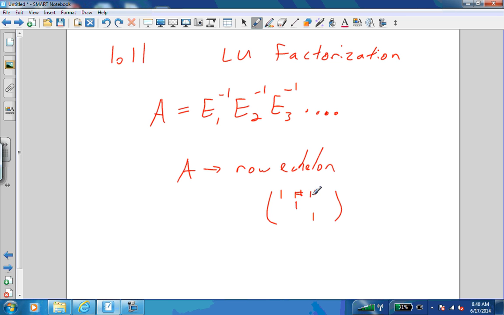And then usually there are numbers above the pivots, zeros below it. And that's what we called an upper triangular matrix. That's upper triangular.